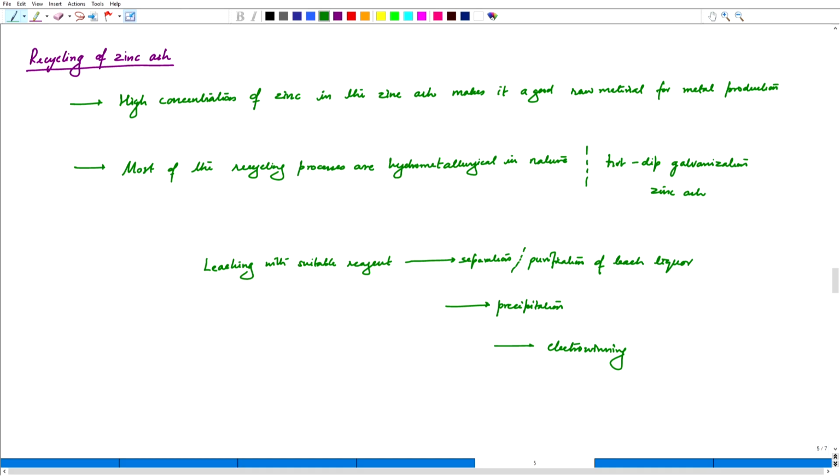So in today's class we have been focusing on what exactly is zinc ash, how it is produced in hot dip galvanization, what exactly was hot dip galvanization. We have seen the process, we have seen that it is an important method of introducing a layer of molten zinc over the objects that need galvanization, let us say iron or steel.